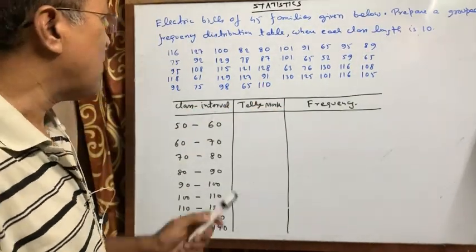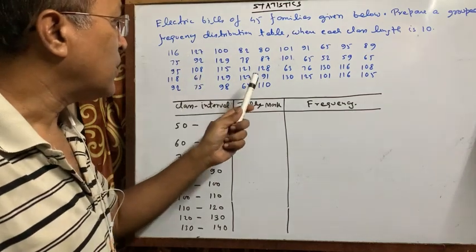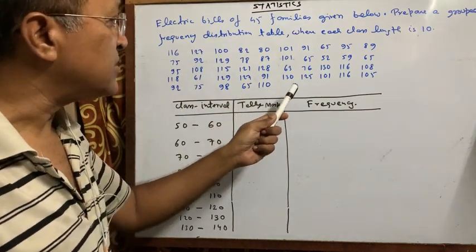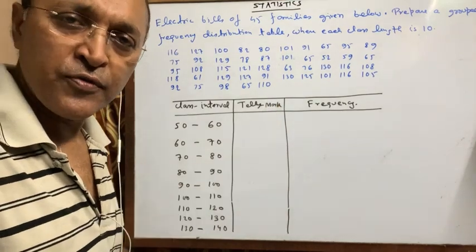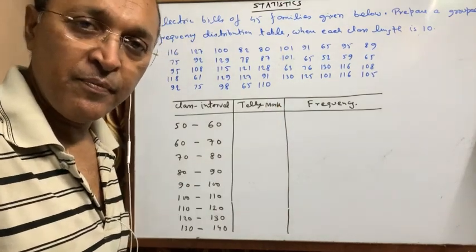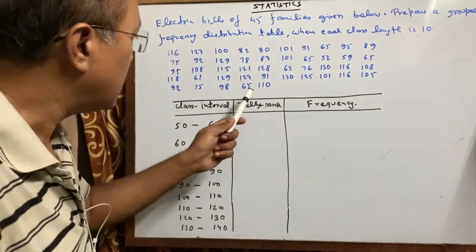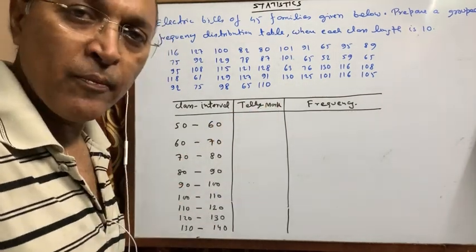Here it is given as 10. So first I found that the minimum data is 50 or close to 50, not less than 50, and the maximum data is 130 or just more.